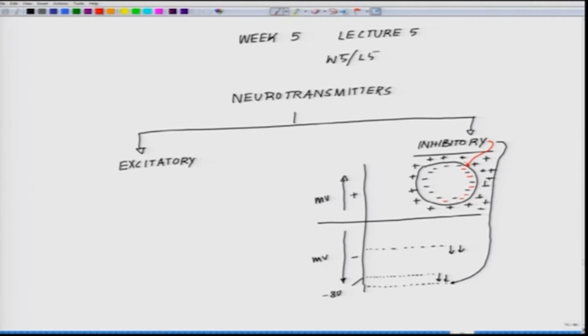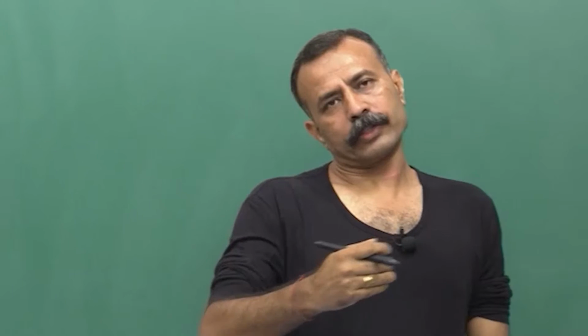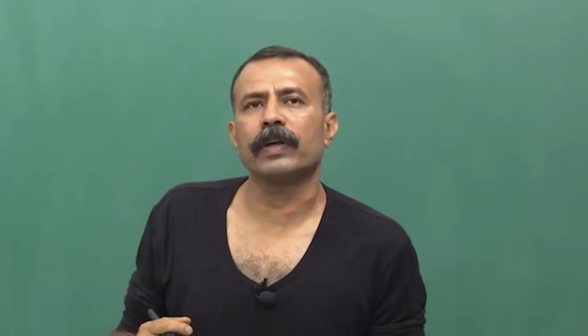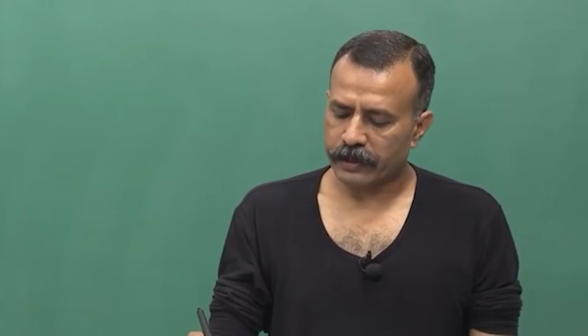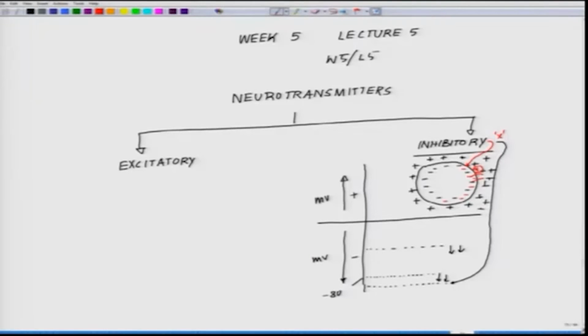How does it do so? When an inhibitory neurotransmitter, say X, comes and binds on the surface of the cell, it opens up channels which allow the influx of anions, or negatively charged ions. So, this opens up a gate which allows negatively charged ions to get inside the cell.